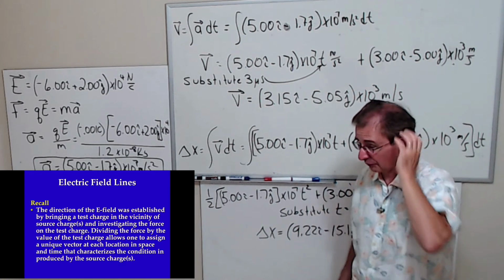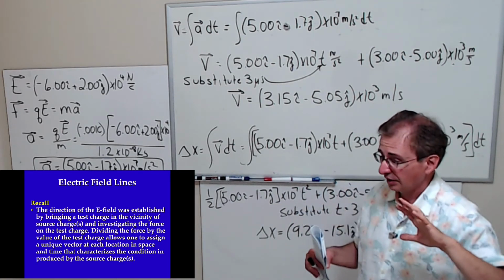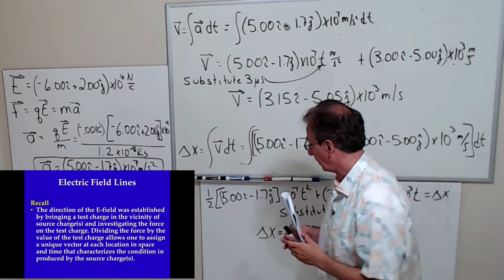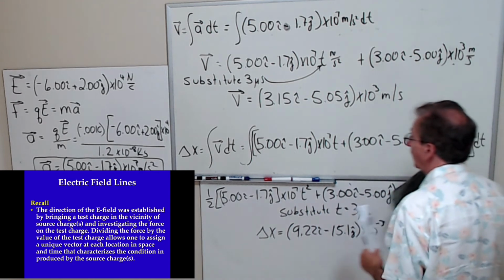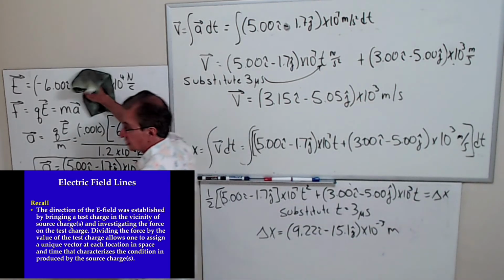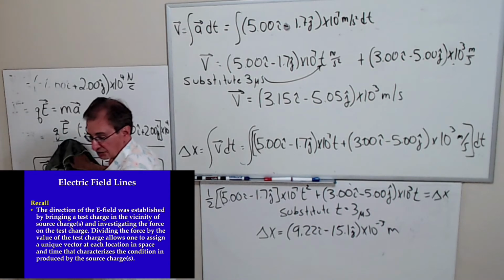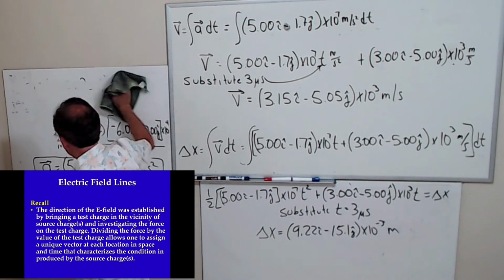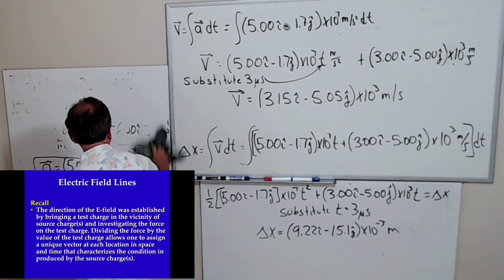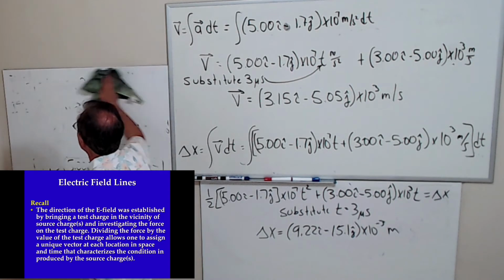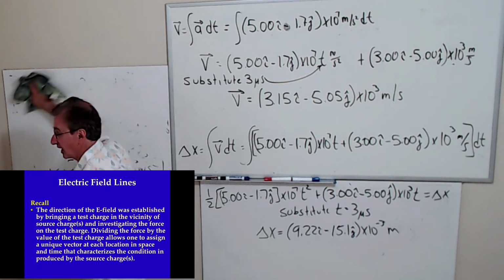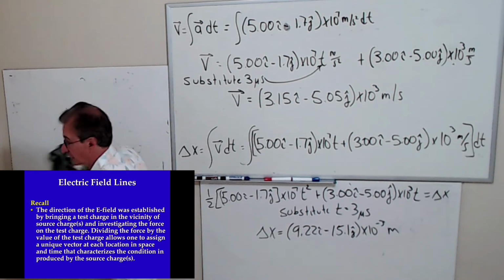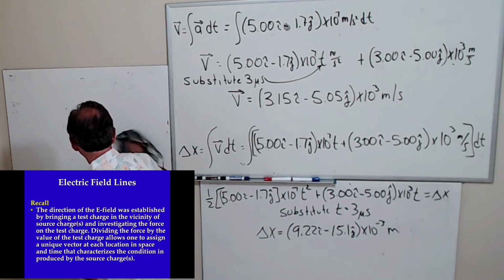Anyway, remember how we established the direction of the electric field? Remember how I did that? I said, let's say we have a positive charge in space, and I brought a test charge near it, and I look at the force acting on the test charge, and then I divide it by the value of the test charge, and that established the direction of the field.